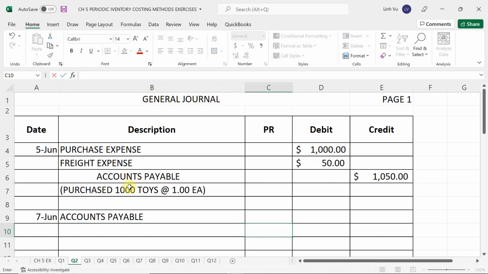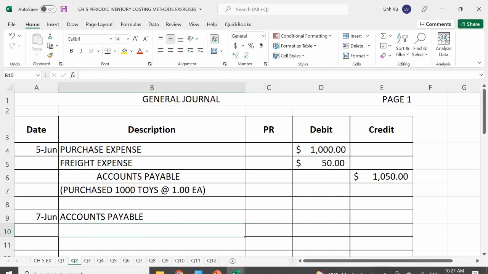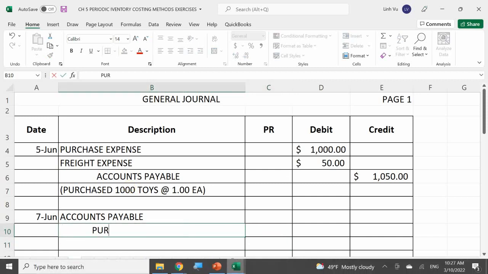We're going to use a contra account to plug in here to demonstrate we have a return. So purchase returns and allowances. Okay. Now in this case, I'm going to go ahead and make my note here that I returned 200 broken toys.